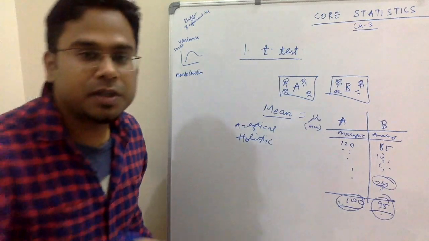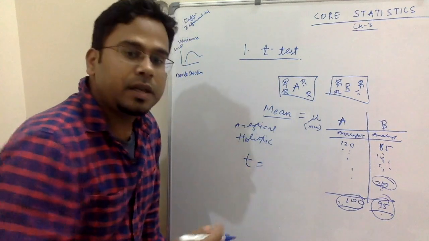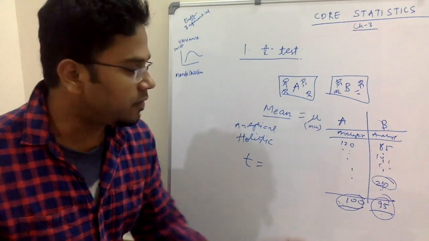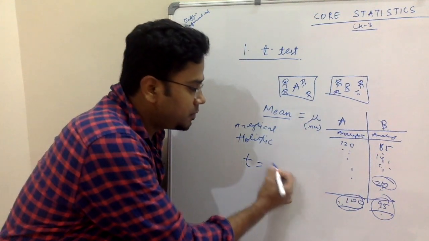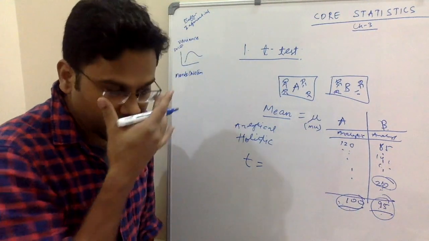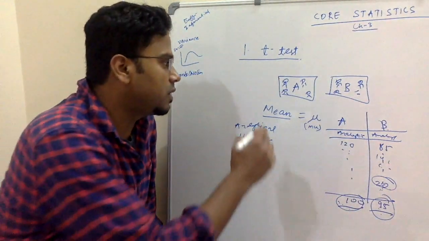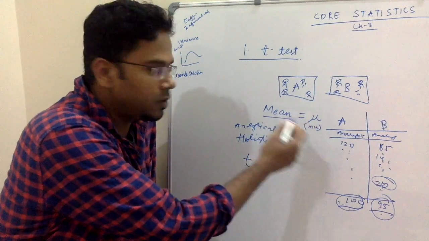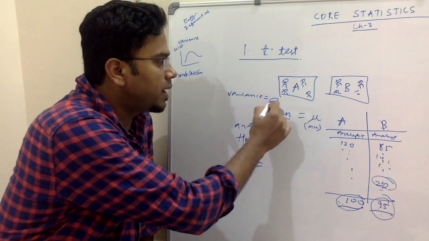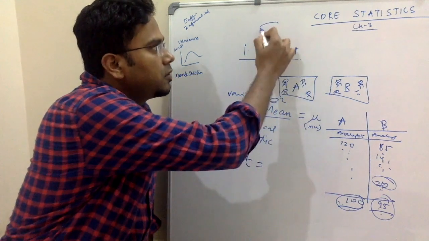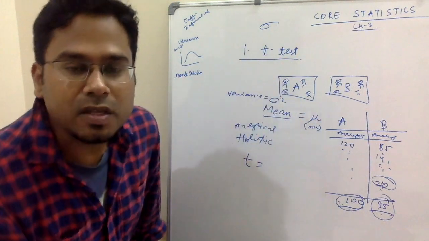So the T-test aims at finding a t value. The t value would be built from the extremeness in the data set, which in statistical terms is called variance. Like mean is denoted by mu, variance is denoted by sigma square. This is the symbol of sigma, like a 6 but rotated clockwise.